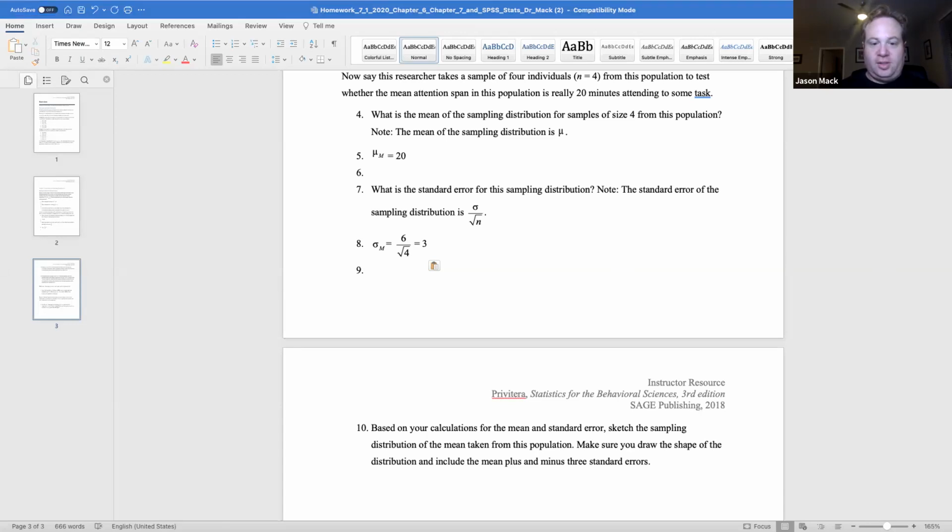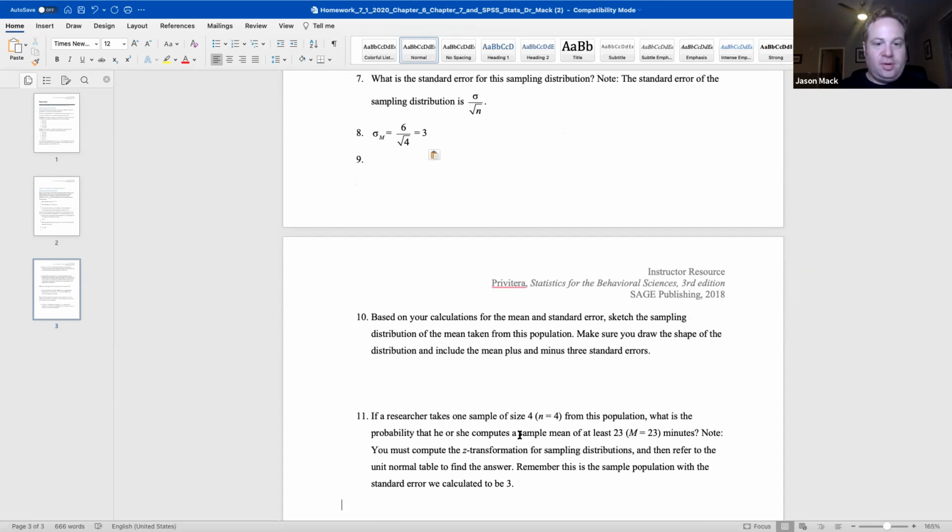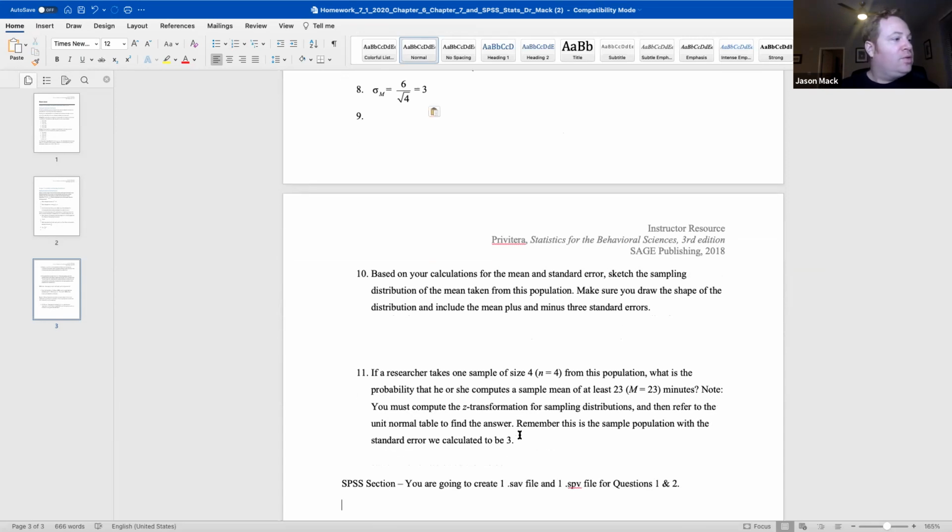All right, so we did the shape, we did the sketch.